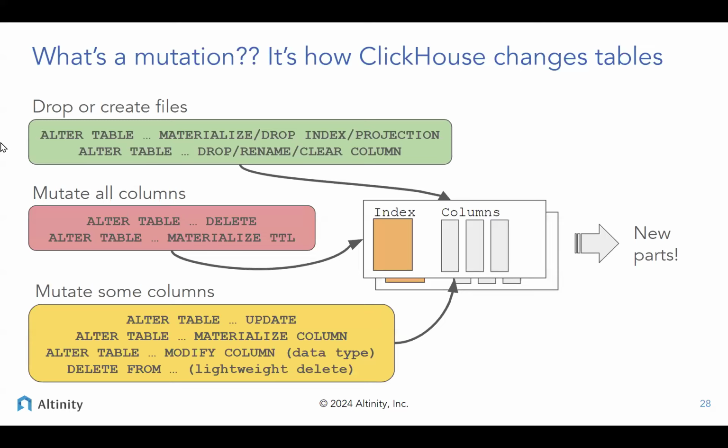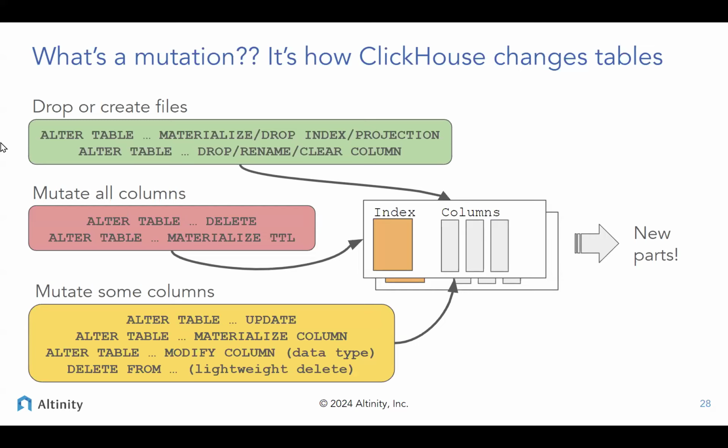In this case, you're either adding or dropping files. There's no rewriting necessary, it only affects a small amount of the part, and the rest can just be carried over. Similarly, operations that modify a single column, such as changing the data type or adding a new column, only affect that column, but do not affect the rest.